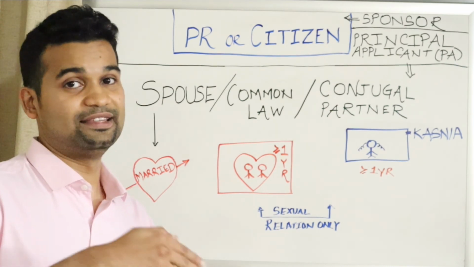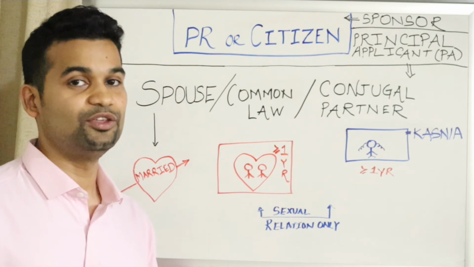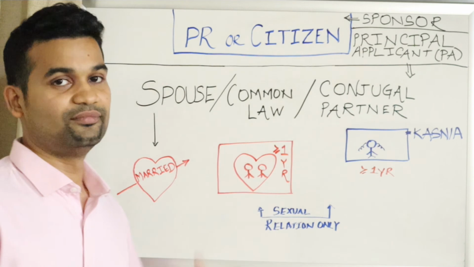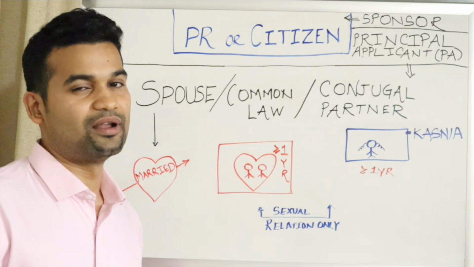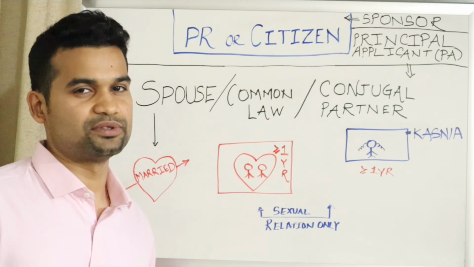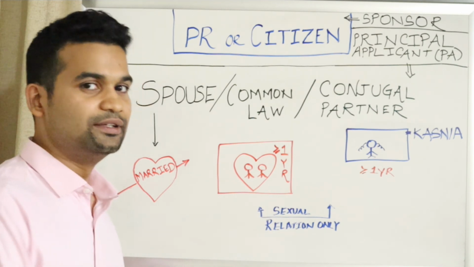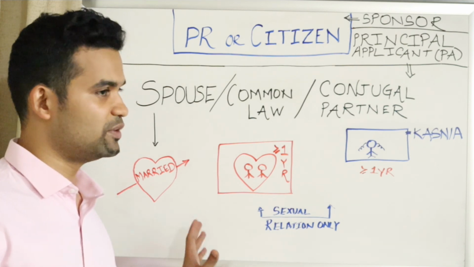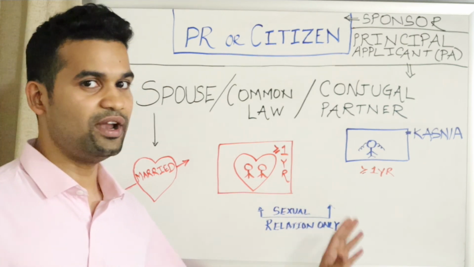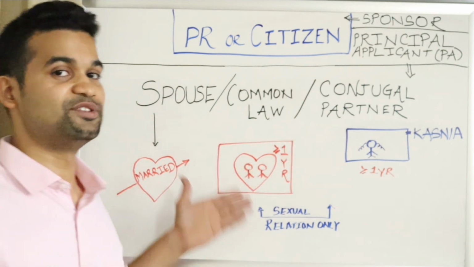The divorce or separation has taken place, and only then can you think of sponsoring a different partner. Now, there are a few other things like sponsorship undertaking and sponsorship bar, which I would explore in some other videos, but I'm just letting you know that if the person is in a different relationship already, then that relationship has to end so that he can think of all these options.